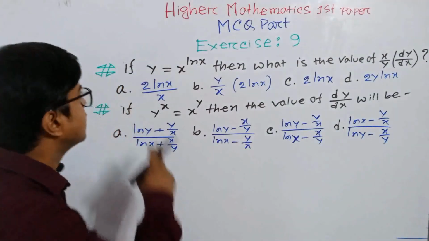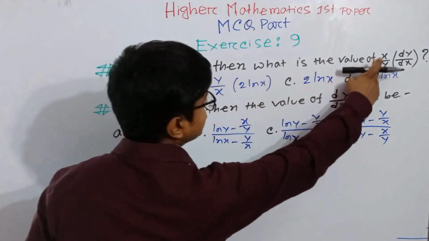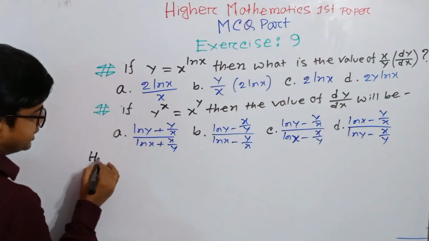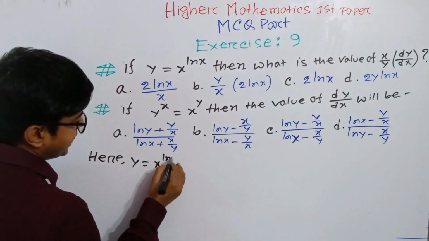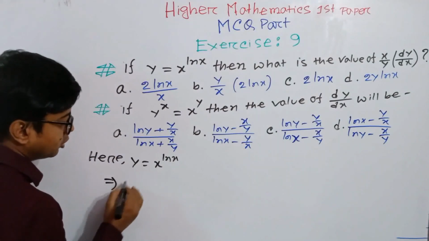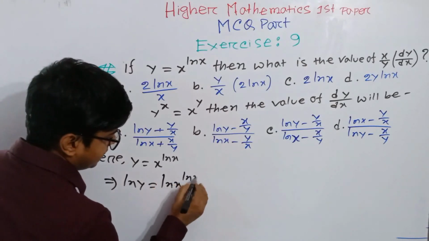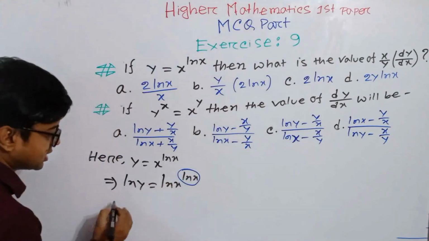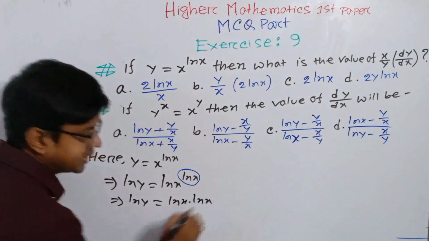Now another question. If y equals x to the power ln x, then what is the value of x by y into dy/dx? Look at this. Here y equals x to the power ln x, and now taking ln on both sides, the power comes first, so ln y equals ln x into ln x.